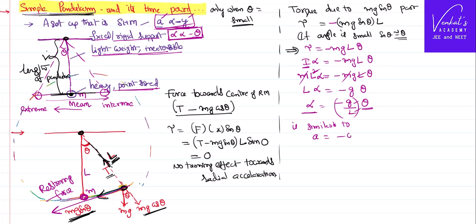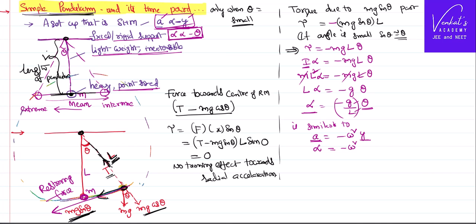Acceleration is equal to minus omega square y. Here a is linear acceleration. If you write it in terms of angular acceleration, alpha equal to minus omega square, with angular displacement theta instead of linear displacement. So both of them are perfectly coinciding with each other, right? In the place of acceleration, we have angular acceleration.